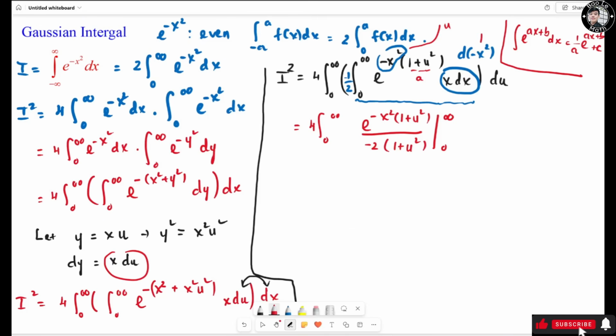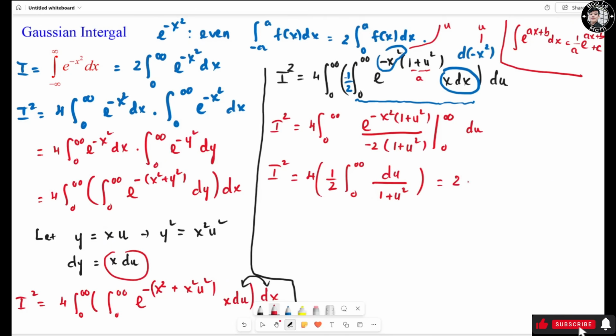That's why you apply this formula right here. So I squared equals 4 times, now substitute infinity for x is going to be 0, right? Substitute 0 for x is going to be 1/2 times the integral from 0 to infinity of du over 1 plus u squared, right? Now 4 times 1/2 is going to be 2, right?